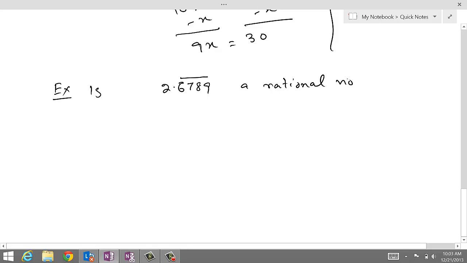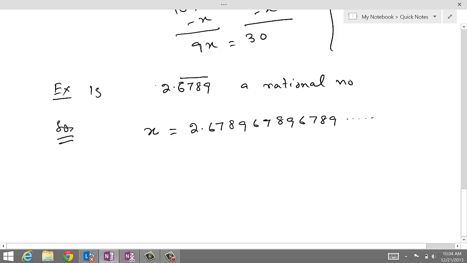In order to prove that, we have to show that this number can be written in the form of a fraction p over q, where q is not equal to 0. So we start again by naming the number: x equal to 2.6789, then 6, 7, 8, 9, 6, 7, 8, 9, and so on.